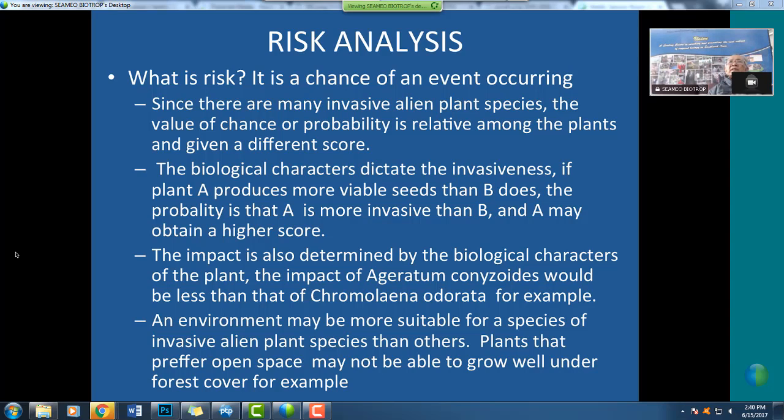Since there are many invasive alien plant species, the value or chance of probability is relative among the plants and given a different score. So the biological characters dictate the invasiveness. If plant A produces more seed than B does, the probability is that A is more invasive than B, and A may obtain a higher score.